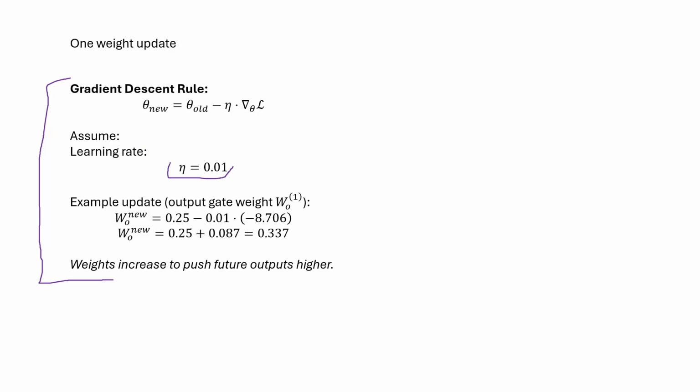So if we assume a learning rate of 0.01, we get this new weight. This is an example of only the output gate, but we do this for every weight and bias we have in the network. So you can see that the weight is positive and increased from 0.25 to 0.337. So we can say that the weight increases to push future outputs higher, which is what we want because we want to get closer to 5.